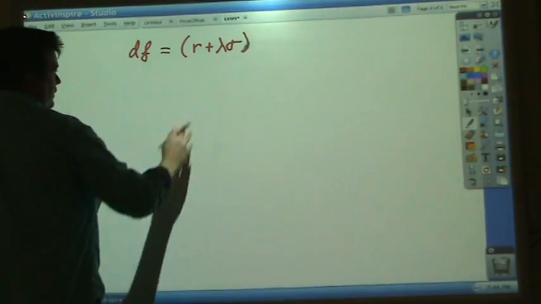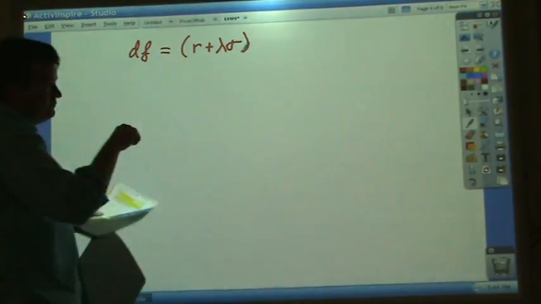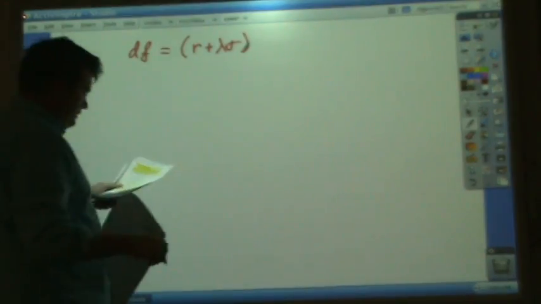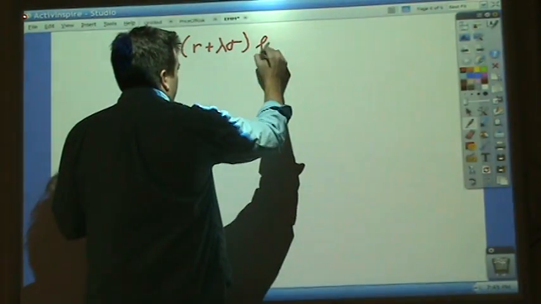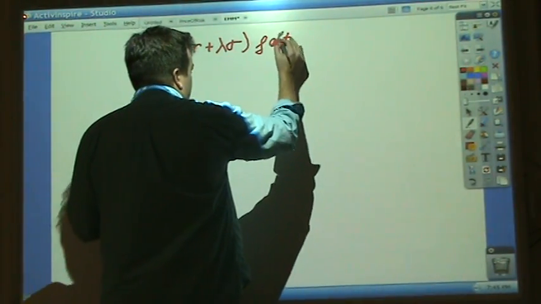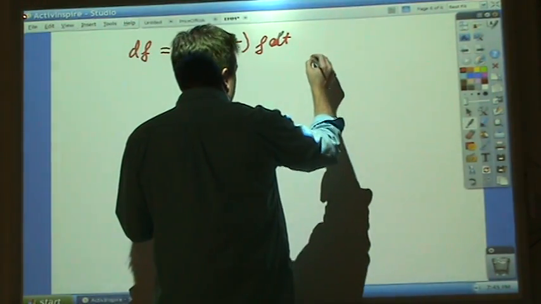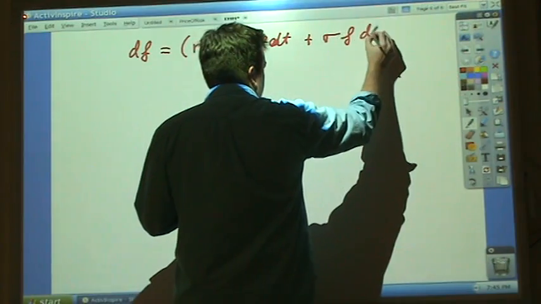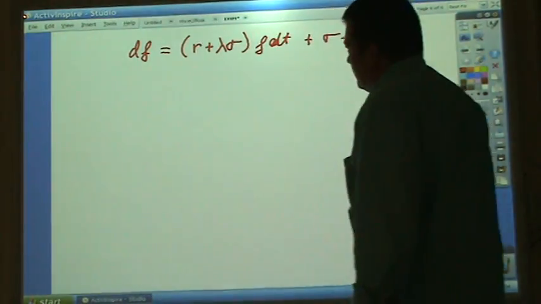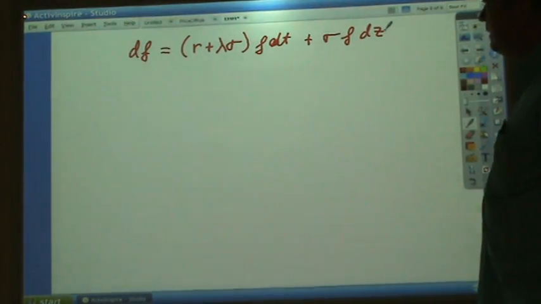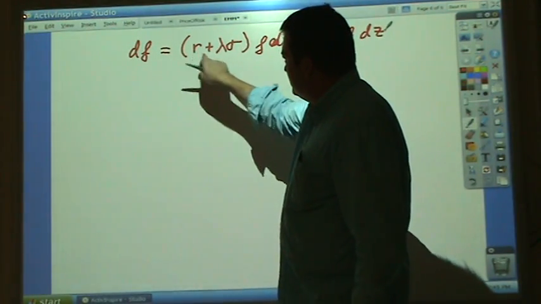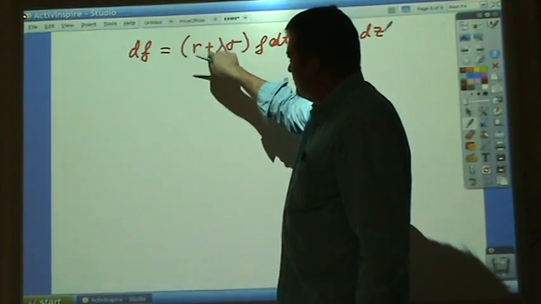This is just another way we had of writing mu minus r minus lambda sigma f dt plus sigma f dz. So that's the formula for this derivative, and we replaced this, which is new, for what used to be mu minus r.